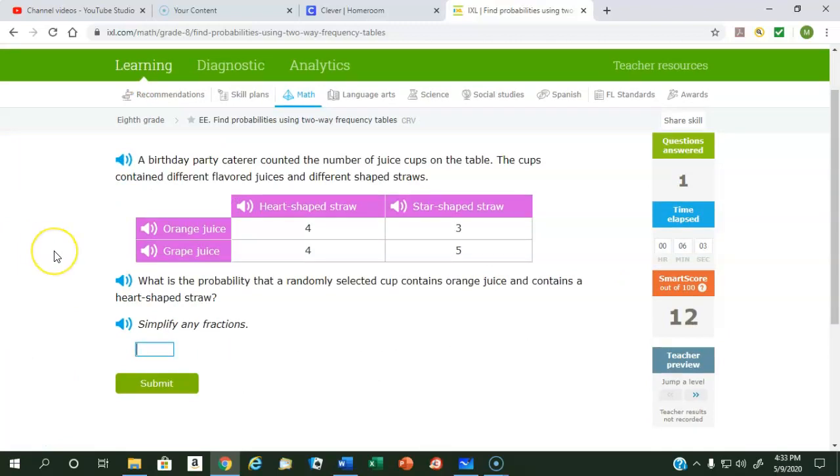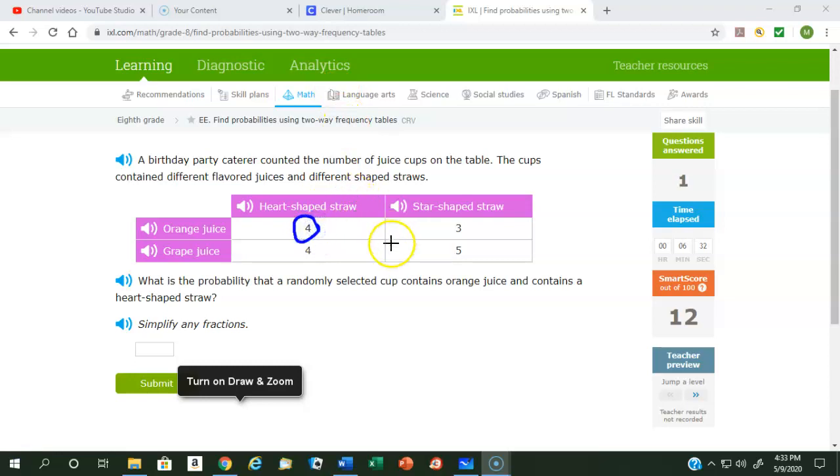A birthday party caterer counted the number of juice cups on the table. The cups contain different flavored juices and different shaped straws. What is the probability that a randomly selected cup contains orange juice and a heart-shaped straw? So I am looking at where orange juice and heart-shaped straw match. There I am with my 4.